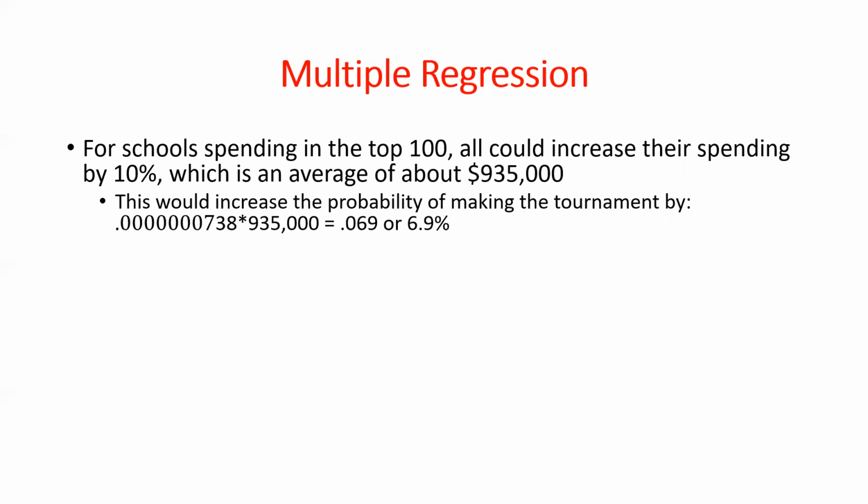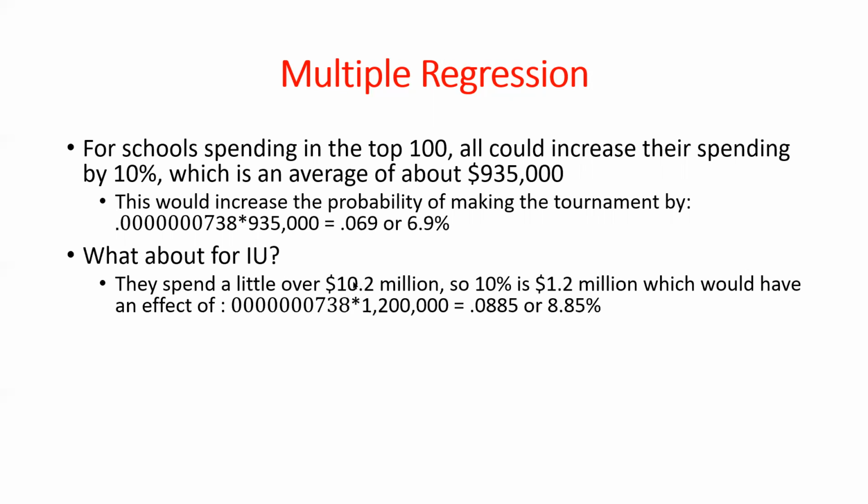Okay. You could do this for specific schools. So like IU is spending a little bit above the average in the top 100. If they increase their budget by 10%, it would be 1.2 million. So the 10% increase in their budget there, you take the effect of $1, multiply it by $1.2 million, and they would increase their probability of making the tournament by about 0.08, right, or 8.8%.